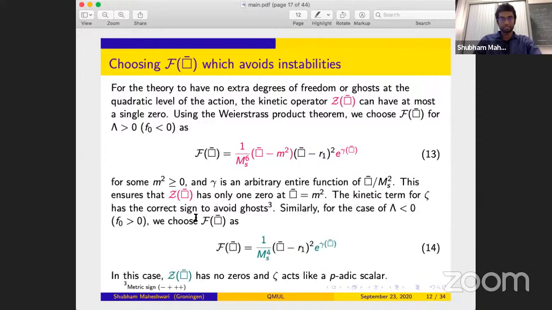But if you have a negative cosmological constant, you need to have a positive coefficient for this first term in f of box, and for this the choice is given in equation 14. And in this case, z of box, which is the kinetic term for the mode zeta, has no zeros at all actually, and it acts like a p-adic scalar, and it doesn't propagate because it does not have any zeros.